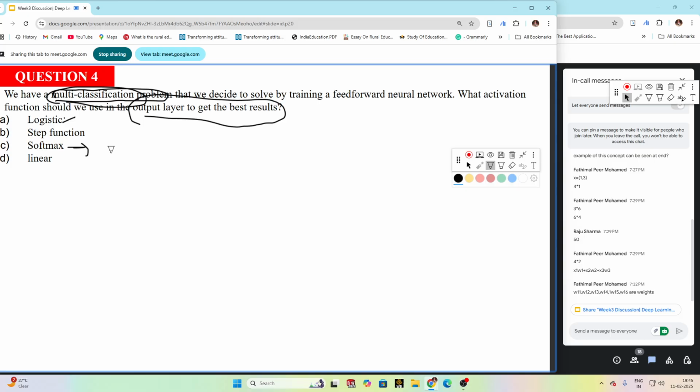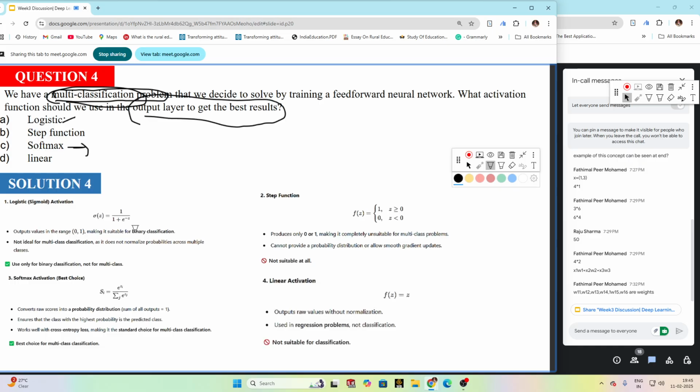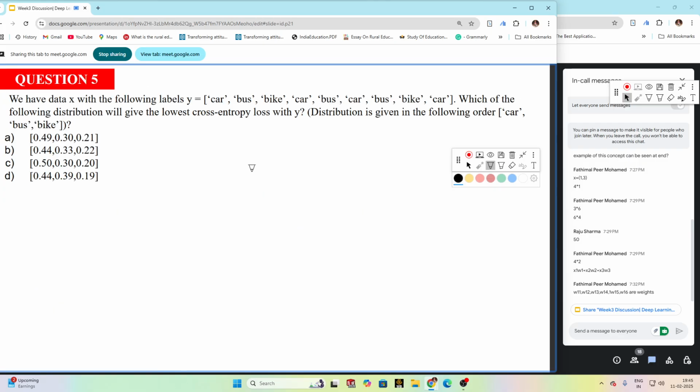Logistic we can use for binary classification only, not for multi-class classification, because there we have different classes, so we have to use softmax. So option C is the correct answer. I think this is clear to all of you. This is well detailed in the theory portion.